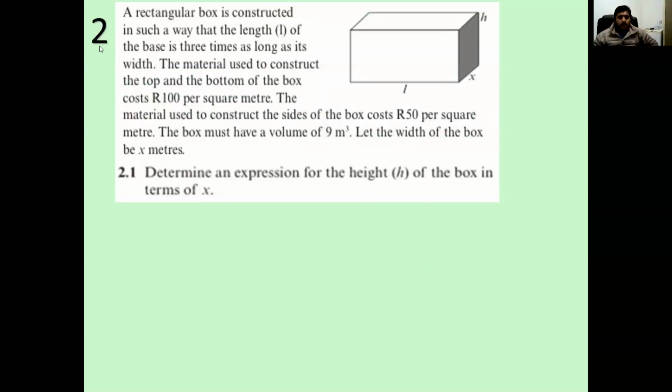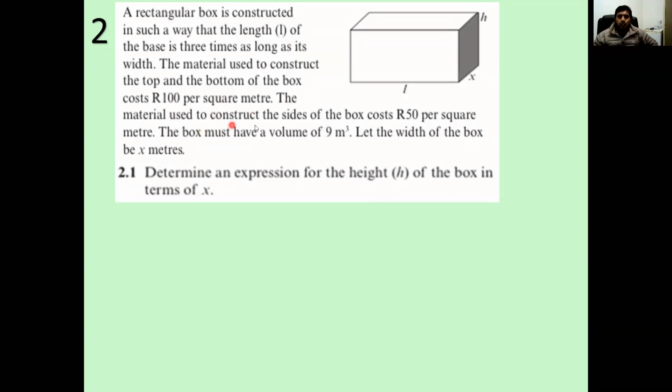There were a lot of questions given in the activity, so I'm revisiting this one. It says a rectangular box is constructed in a way such that the length of the base is 3 times as long as its width. The material used to construct the top and the bottom of the box costs 100 Rand per square meter.